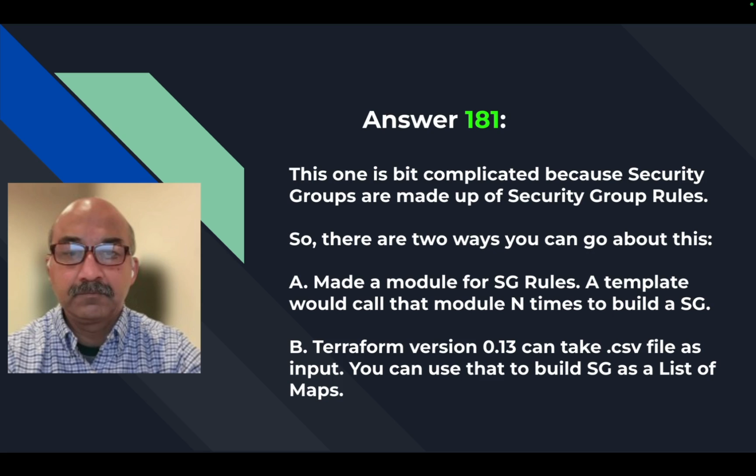Your security group rules could be essentially built from the CSV file, one line representing one rule, and then based on the n number of lines in the CSV file that you read through your Terraform code, you build your security group overall. That's another way of tackling this problem, where the security group is dependent on a number of security group rules. It's basically a two-layer problem.